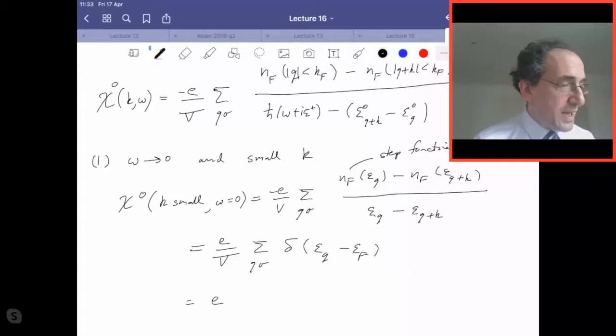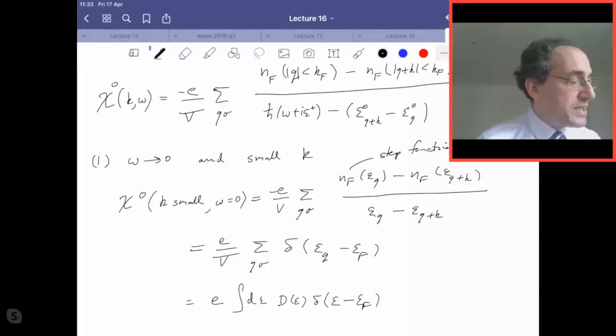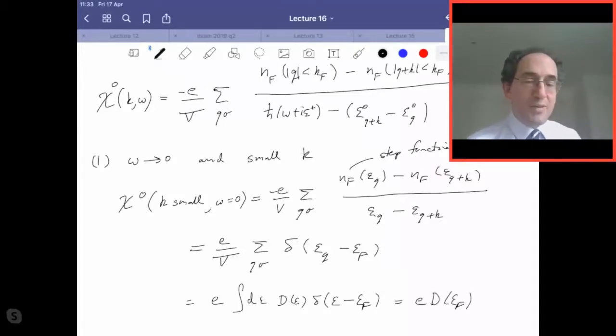So it will be an energy integral d epsilon, density of states per unit volume, and then the delta function epsilon minus E_F. I switched here from a sum over q to an integral over energy by using a density of states, and I end up with e times the density of states at the Fermi surface.